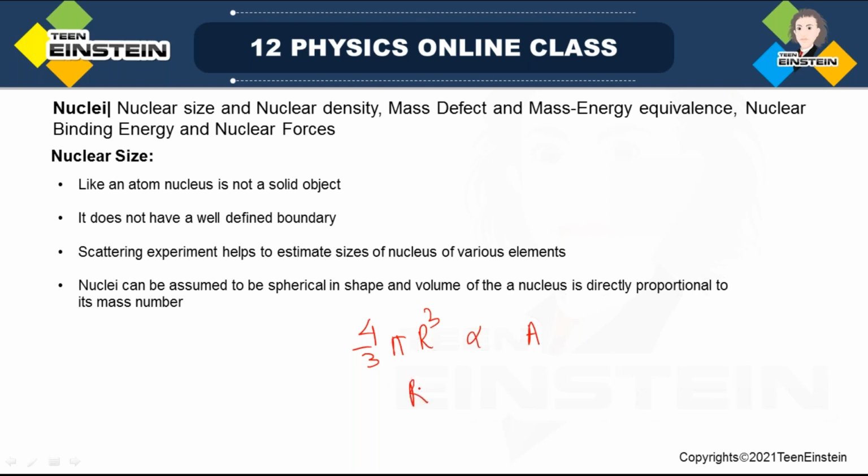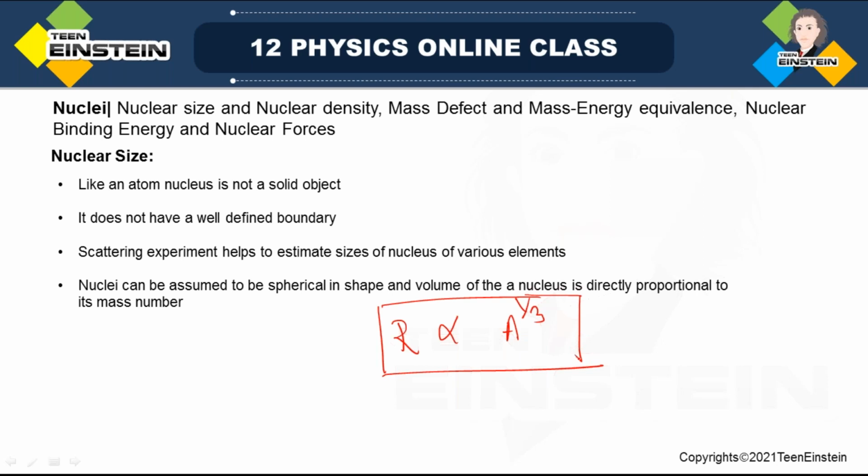This means r cube is directly proportional to A, and r is directly proportional to the cube root of A. So this is the formula: the radius of any nucleus is directly proportional to the cube root of mass number.